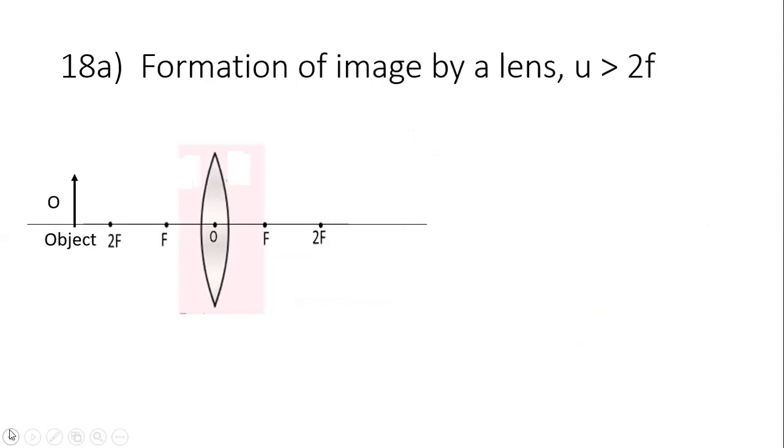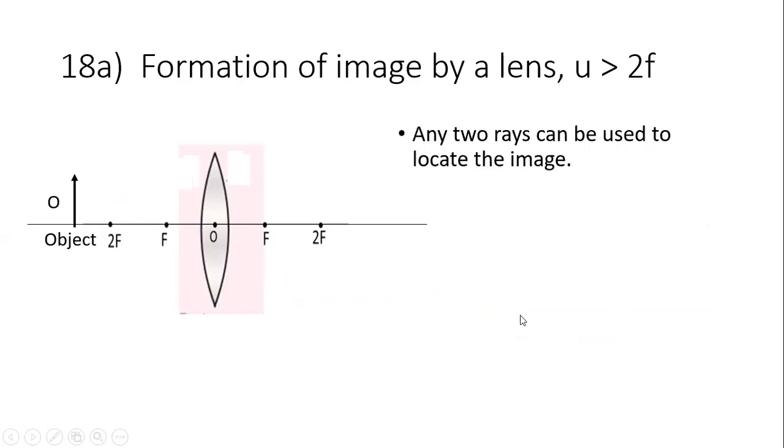Okay, let's look at very far away, where the object distance is more than 2f. That's your 2f. That's your f. So the object is anywhere greater than 2f. Any two rays can be used to locate the image.